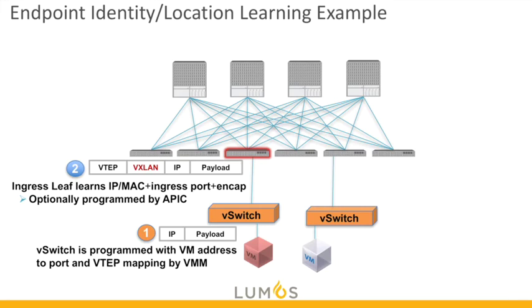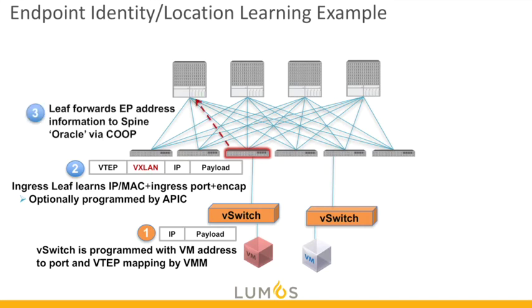The leaf will take that packet. The leaf learns the IP and MAC address and ingress port and encap, its encapsulation, and that becomes programmed into the APIC. The leaf will inform one of the spines, doesn't matter which. It uses an anycast address, then ECMP will get it to that anycast address, and so it'll report to one of the spines.